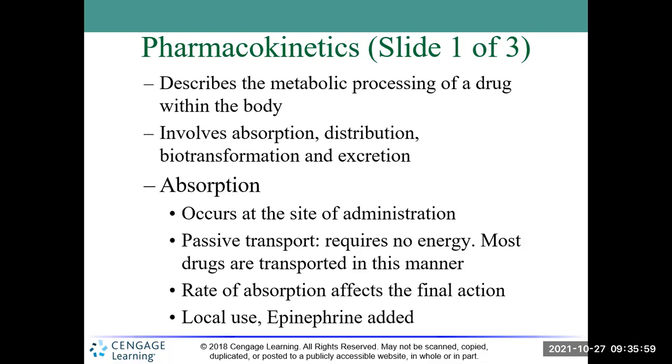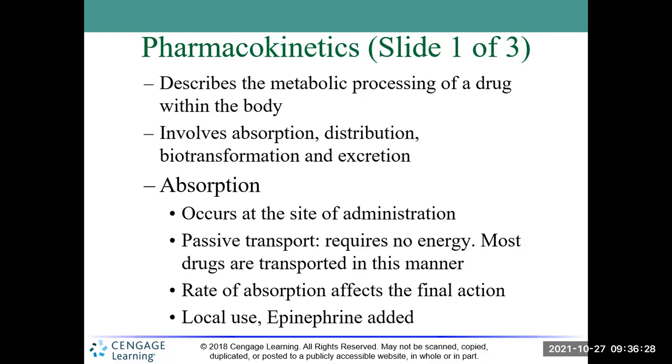The concentration is transporting that material across the tissues. And most drugs are transported in that way. The rate of that absorption is going to affect the final action. So it's going to affect how the drug interacts with the tissues, what that final result is, and if that needs to be adjusted. So absorption is a major part of the pharmacokinetics.